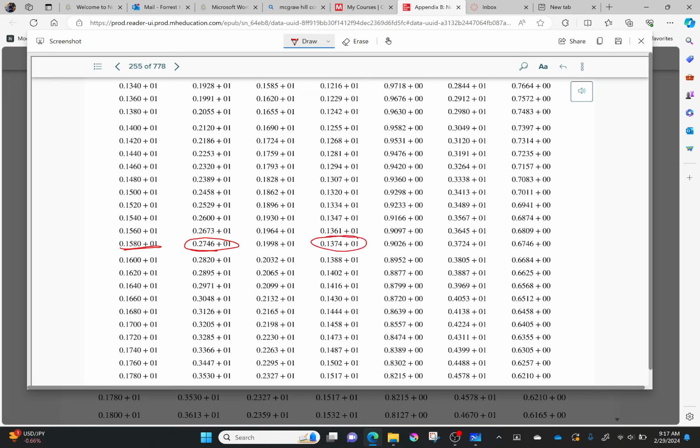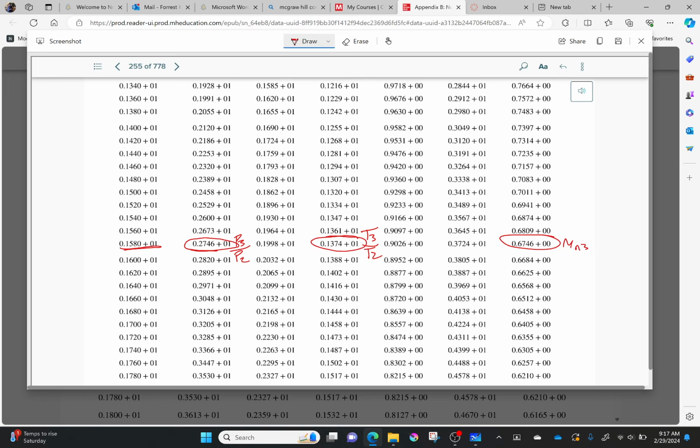So this would be P3 over P2. This would be T3 over T2. And going all the way across, this would be MN3. Okay, I should have everything I need there, so long as I'm on the right line. And I am. So it looks good there.